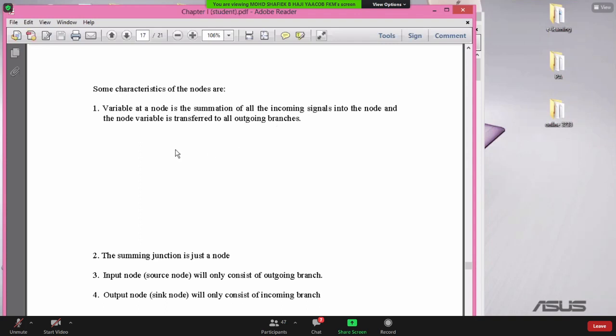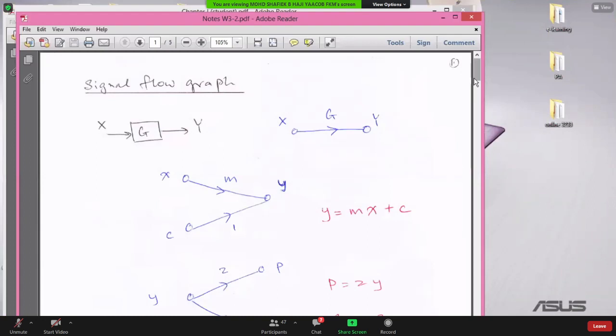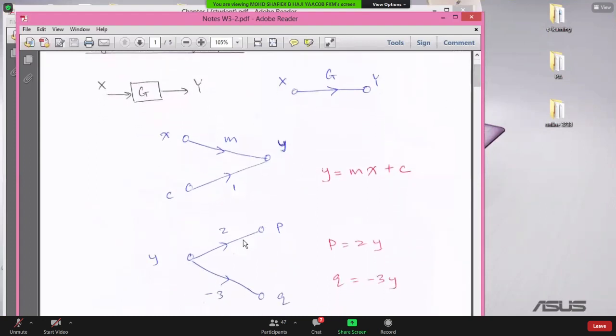So what does rule number 1 say? The variable at a node is the summation of all incoming signals, and the node variable is transferred to all outgoing branches. So I can illustrate that simply with this diagram here. Now, this is a node.